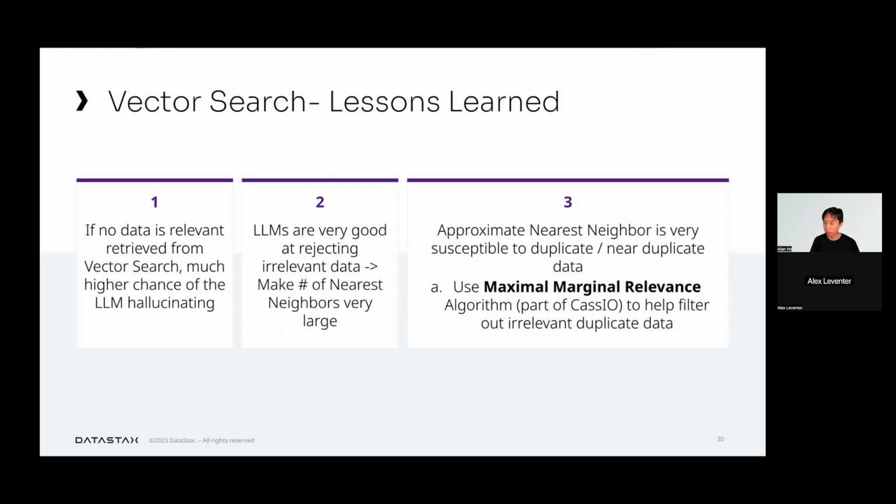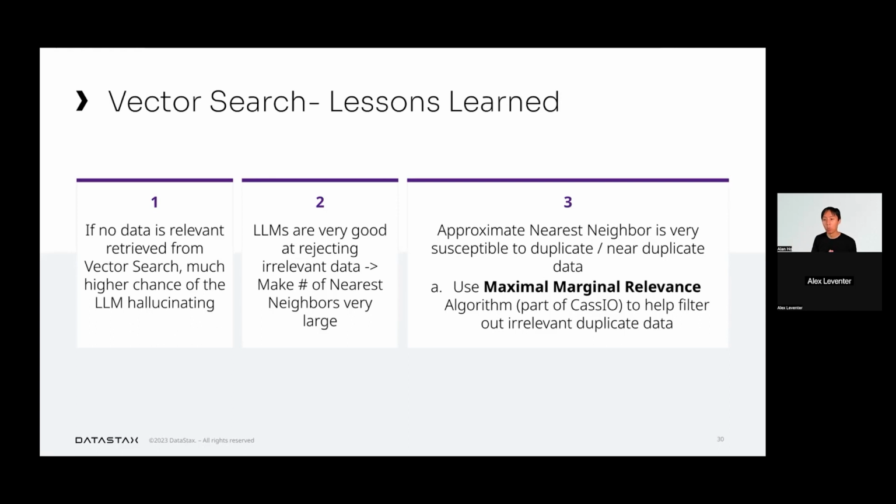So, for example, if you're scraping your web pages, and you have 5 web pages with almost identical information, what ends up happening is that it fills up the database with those vectors. And if it so happens that those duplicates were also irrelevant, then if you search for, let's say, 5 nearest neighbors, all 5 nearest neighbors end up being irrelevant data.